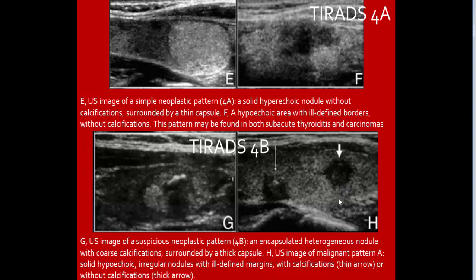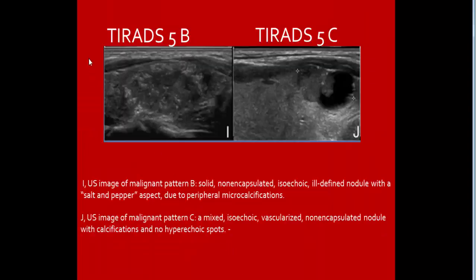Here in this image we found a malignant pattern: solid hypoechoic, irregular border, ill-defined margins with calcification. TI-RADS 5B, this is an ultrasound image of malignant pattern B. As we see, TI-RADS 5A is malignant pattern A, TI-RADS 5B is malignant pattern B: solid non-capsulated isoechoic ill-defined nodule with salt and pepper aspect due to peripheral microcalcification.